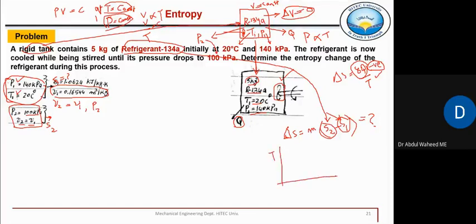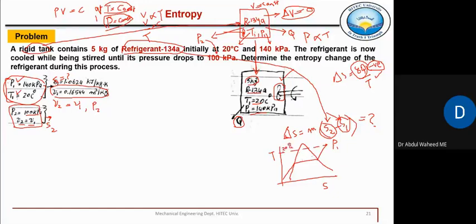I can now show these thermodynamic properties on the T-S diagram. Right. So this was the initial state, in the superheated region. Let me show that: this is P1, pressure, and this was the temperature, 20 degrees Celsius.